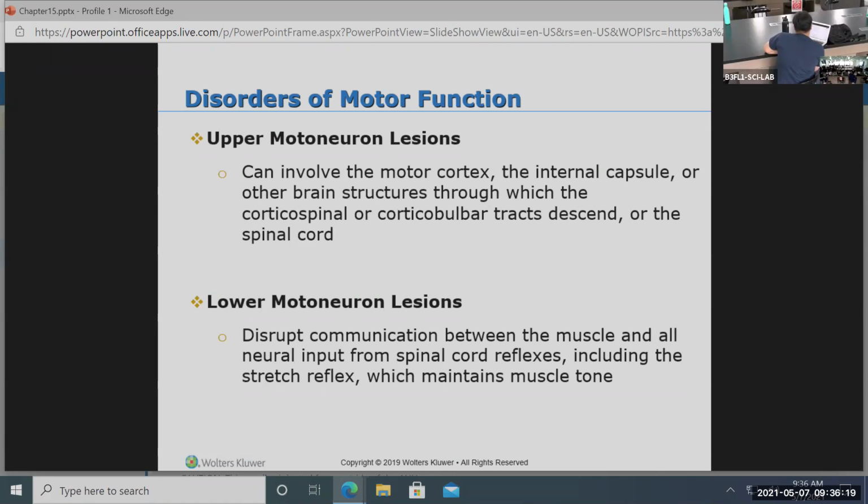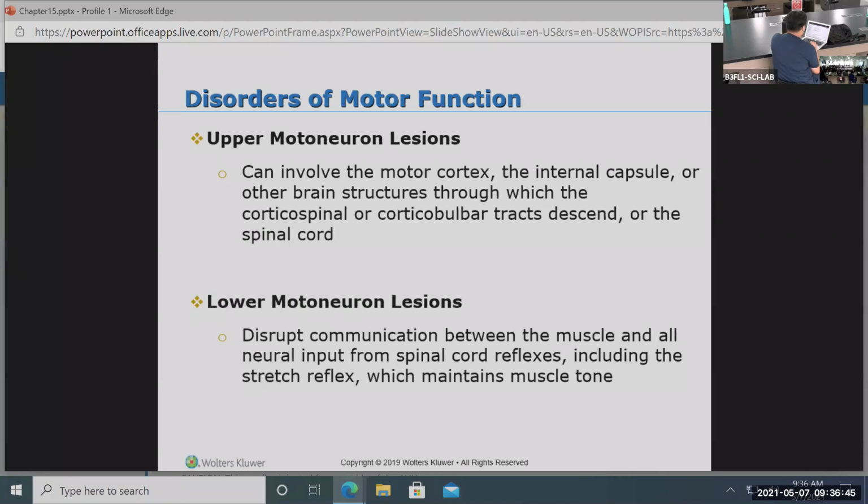So the upper motor neuron lesion can involve the motor cortex. Highlight, not only the motor cortex, they're coming through the internal capsule.